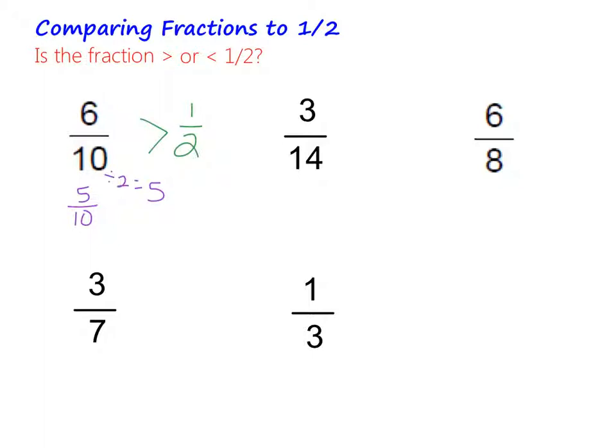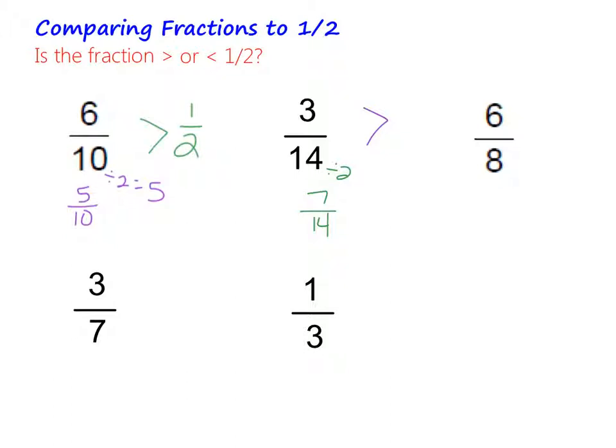Let's take a look at 3/14. The denominator 14, first I need to decide what would be half. So if I divide by 2, I get 7/14 would be exactly half. So on this problem, 3/14 is definitely lower than 7/14.